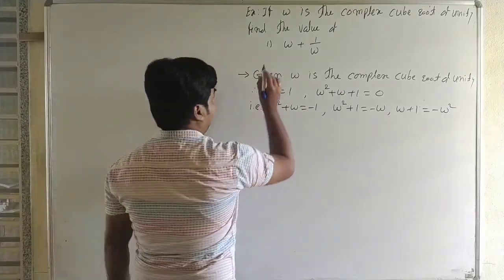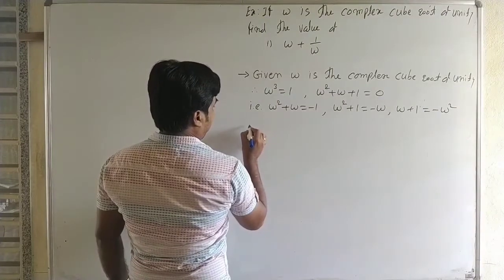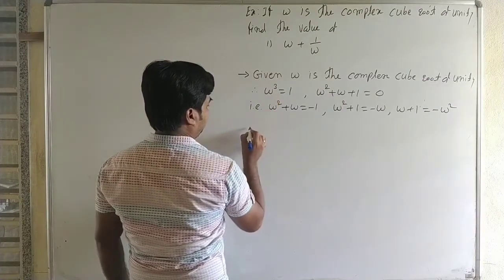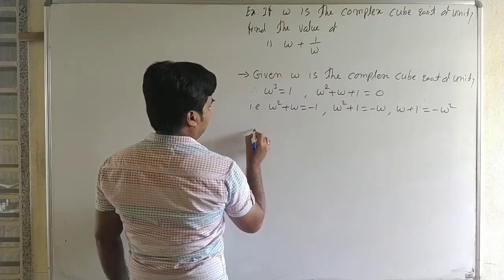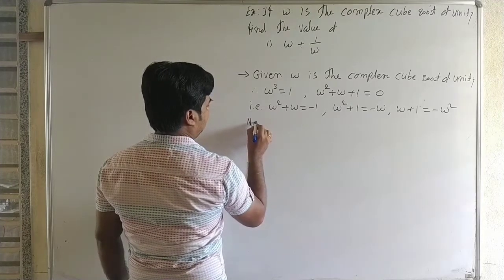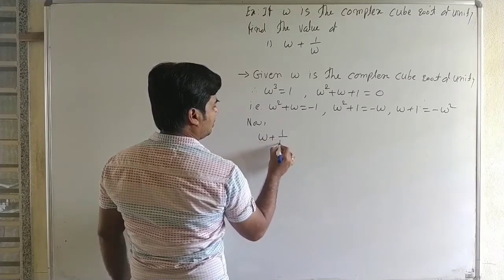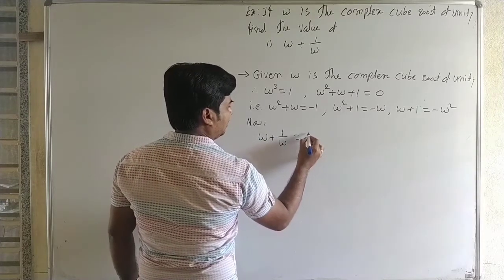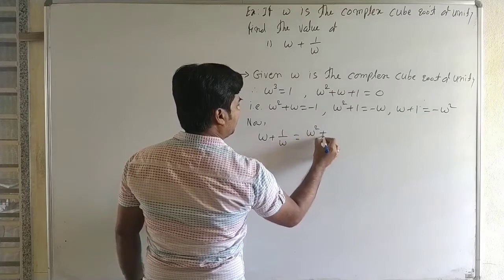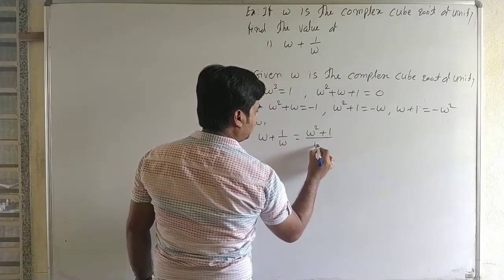Now the example given: omega plus 1 upon omega, then it is omega square plus 1 upon omega.